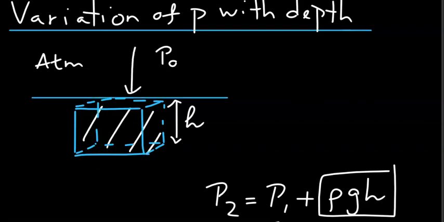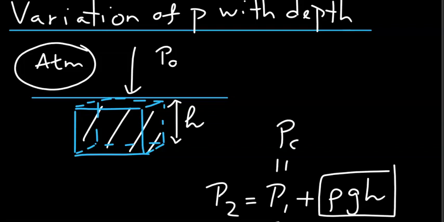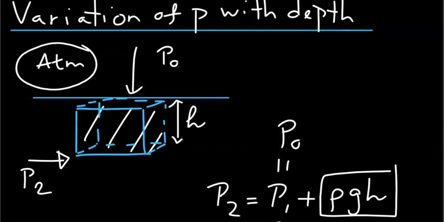So if we assume that the top surface now is exposed to atmospheric pressure, as shown in this later figure, then P1 quite simply becomes P naught, where P naught is the atmospheric pressure. And the pressure P2 at depth H now becomes the atmospheric pressure plus rho GH.